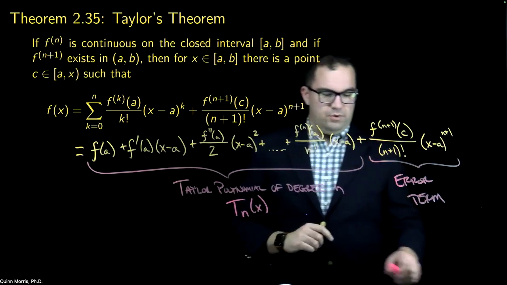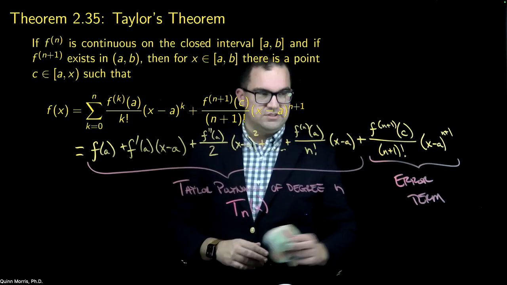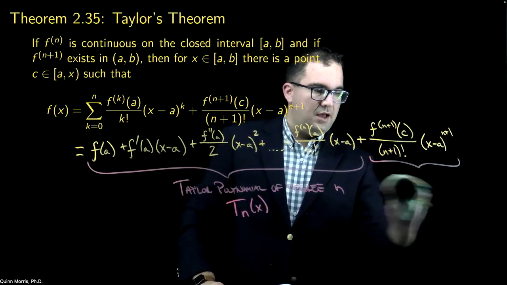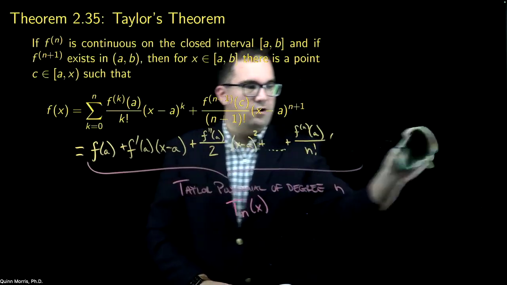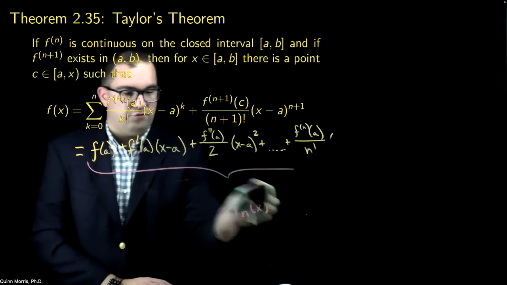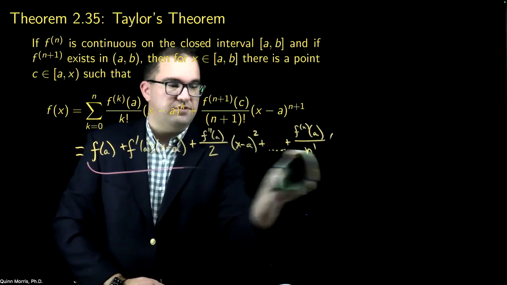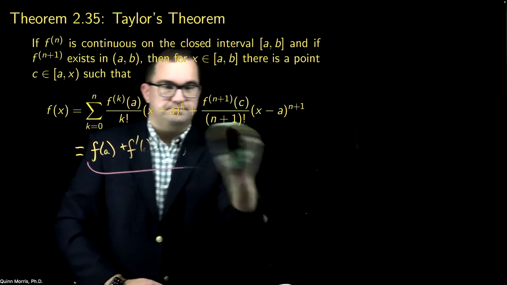Okay, so we want to see how we prove such a theorem. And given that I've classified this in different parts, you won't be surprised to know that we're going to consider the role that each part of this approximation plays.